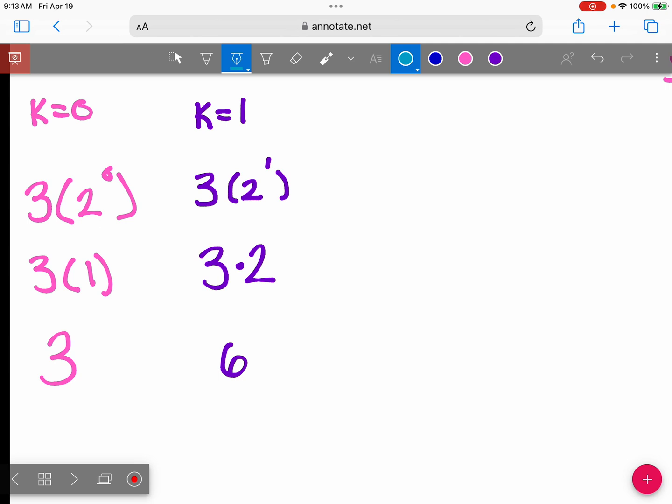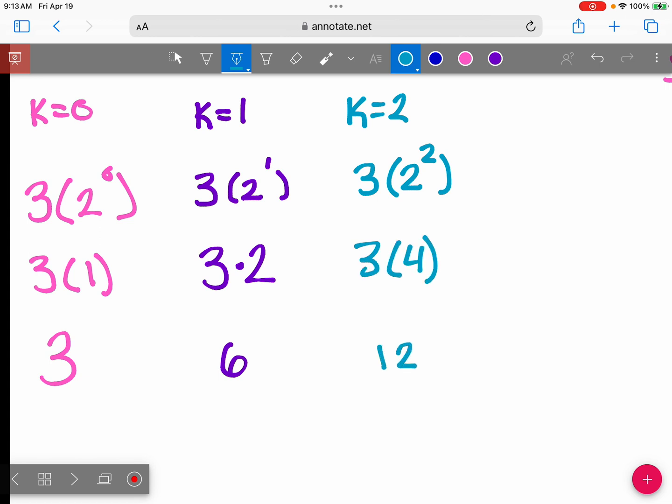We're going to just keep going, filling in our pattern here. K equals 2, we're going to do our 3 times 2 squared, also known as 3 times 4, also known as 12.